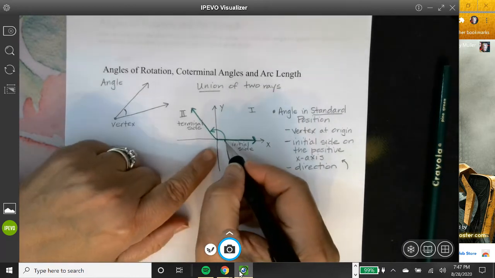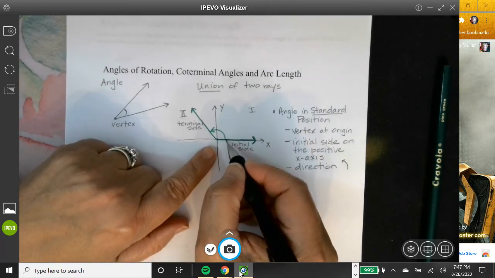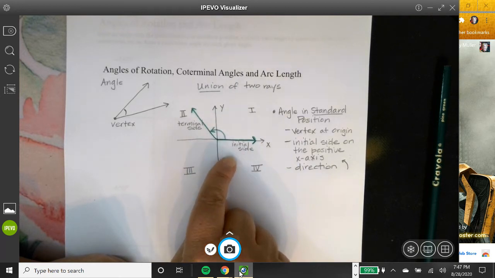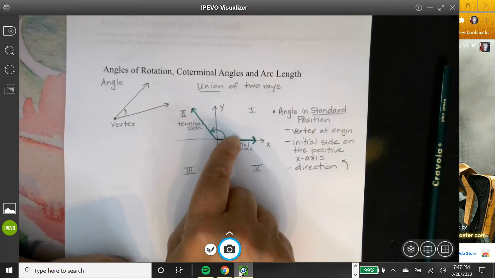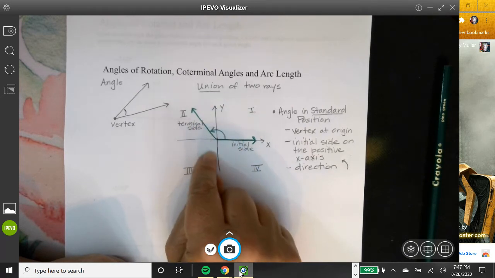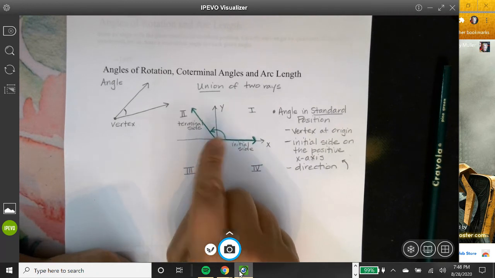But this angle I rotated counterclockwise because the hands on a clock go this way. We call that direction clockwise, and counterclockwise would be the opposite direction of the clock. So this angle is rotating counterclockwise.